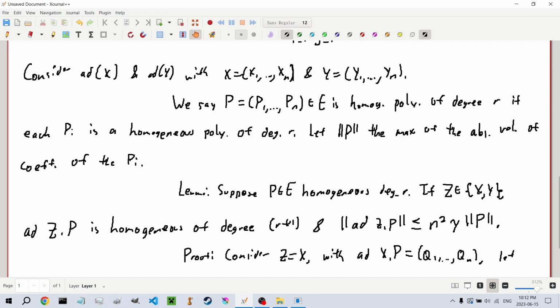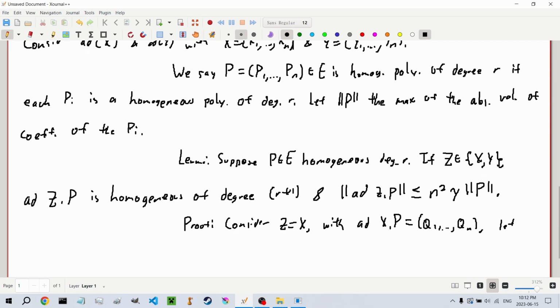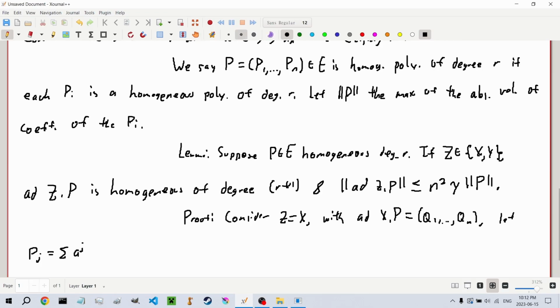We let each p_j be the sum of a_j,alpha,beta times x to the alpha, y to the beta, and correspondingly q_h to be the sum of b_alpha,beta^h, just being another index as always, times x to the alpha, y to the beta.